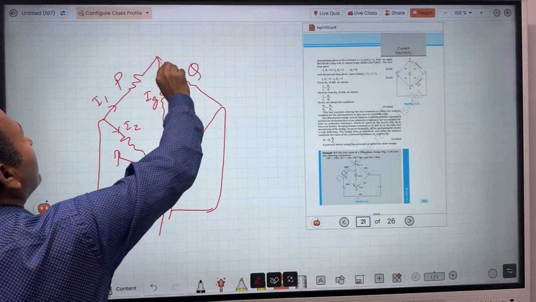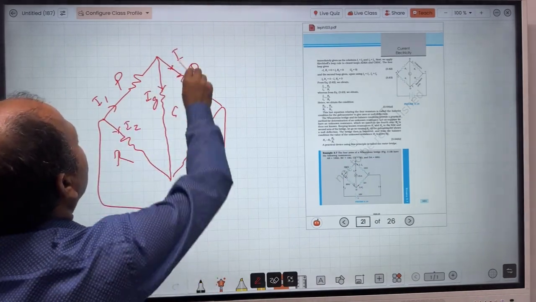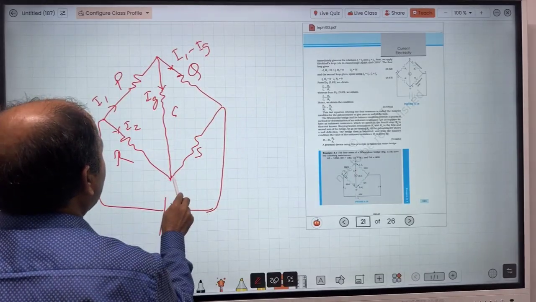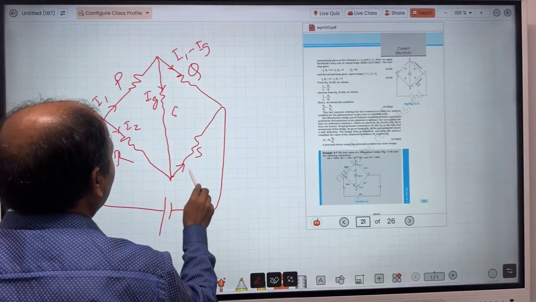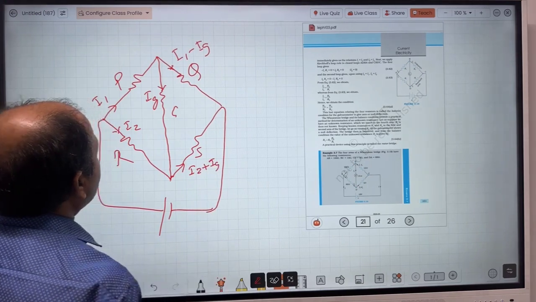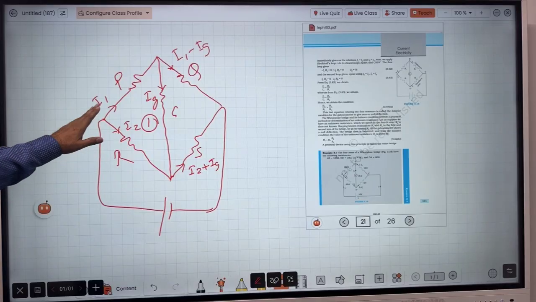Since I1 is divided into two parts, I1 minus Ig will flow through this, and here Ig is meeting I2 at this point, so in this branch I2 plus Ig will be the current. Now if we consider the first loop, what do we get?